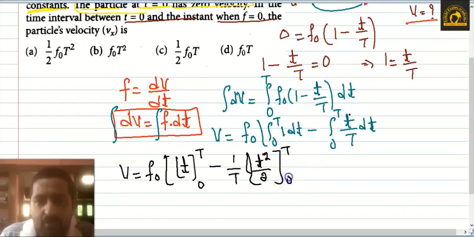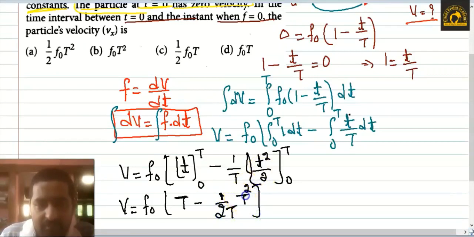Now velocity is equal to f naught as it is. Then this is T minus 0, you can leave it. The remaining is minus 1 by 2T into T square. Then one T gets cancelled.